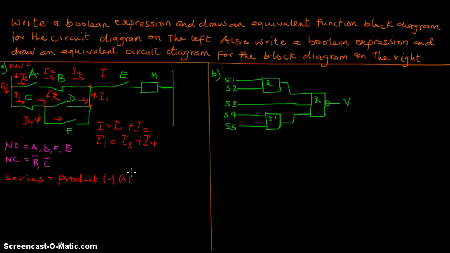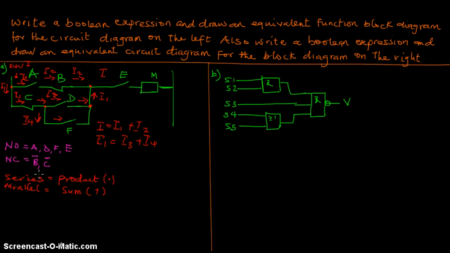While parallel connections are represented with a sum sign or addition sign. But for the sake of this example, we're going to be using a dot sign. You could use a multiplication sign too, but I would prefer to use the dot sign.